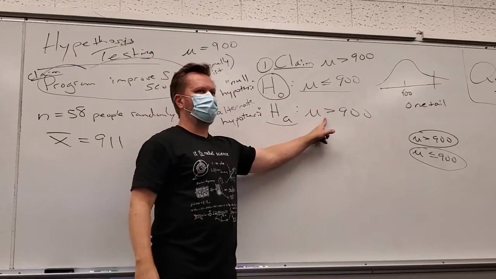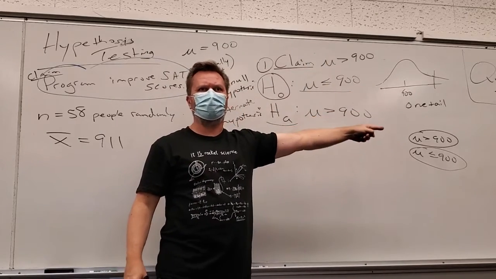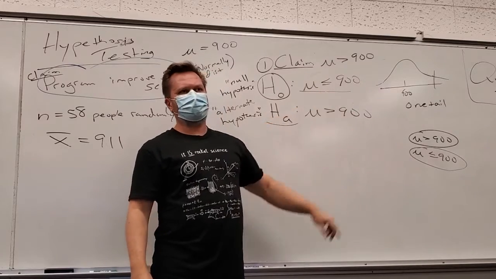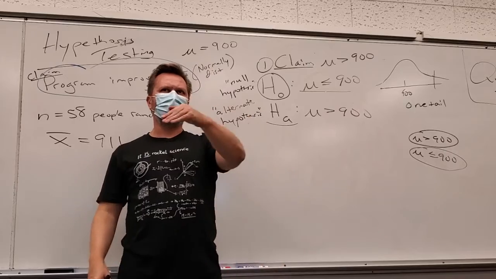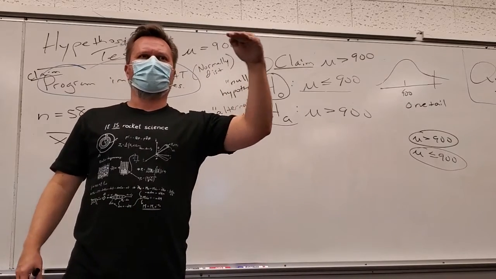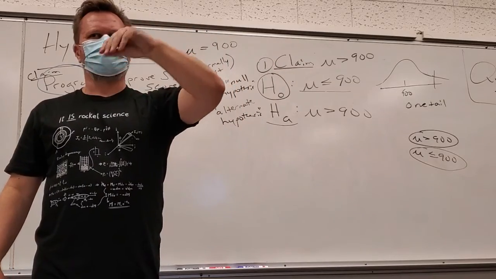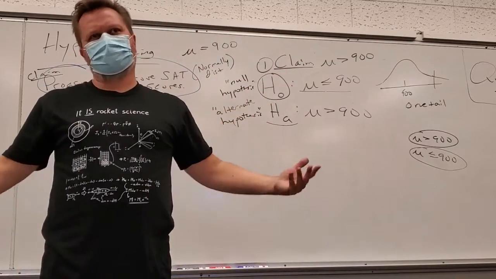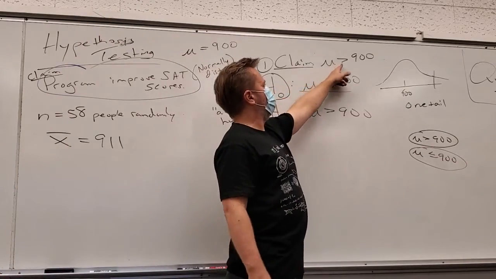I can show evidence for that, and you can see over there where the evidence has to be: way up there. This one I can't show evidence for. So the null always has the equal sign, and the alternate doesn't. That's it. And our claim could have an equal or not.